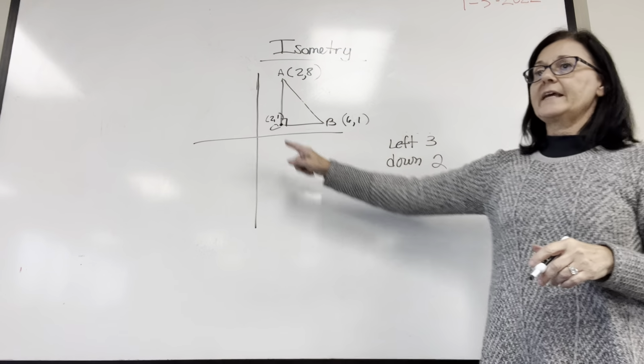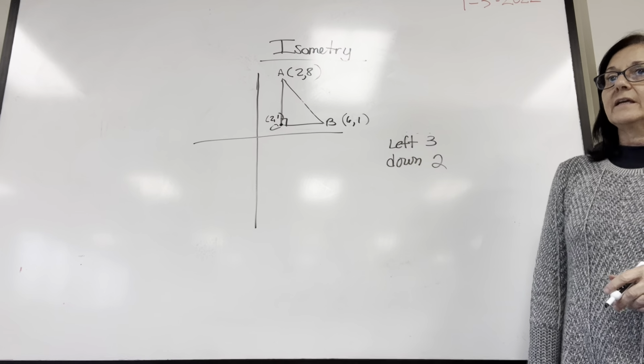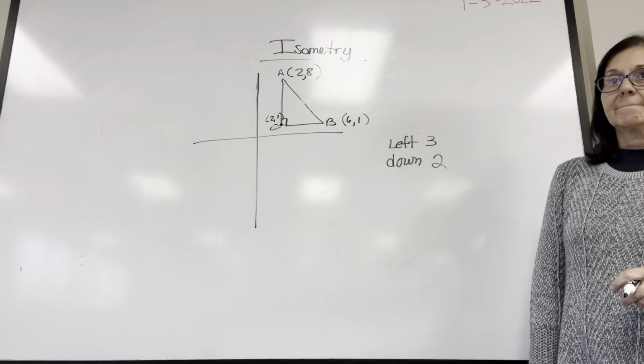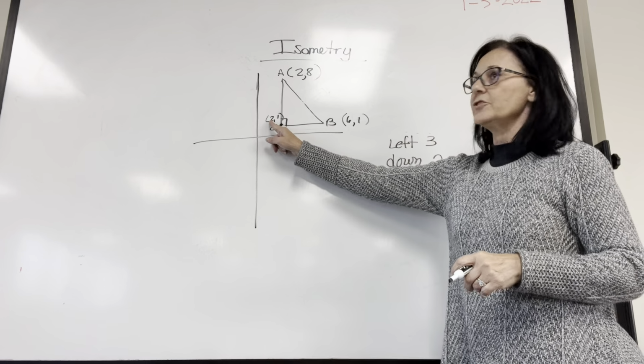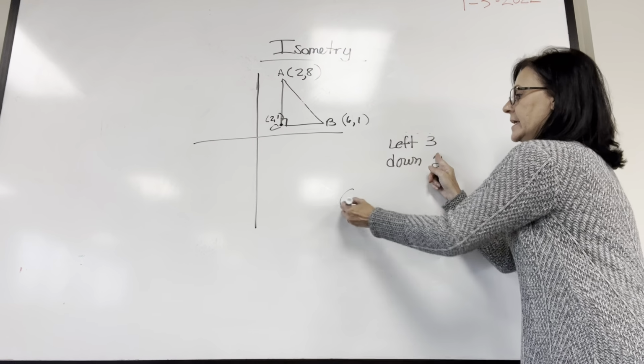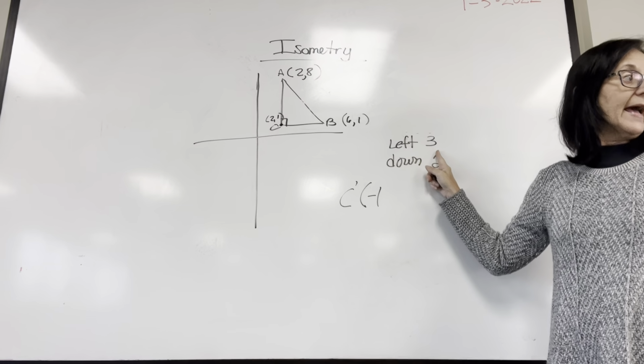Okay, where does C go? What's the new coordinate point for C? I take 2 minus 3. So my C prime is going to be -1. Left, right changes my X value.